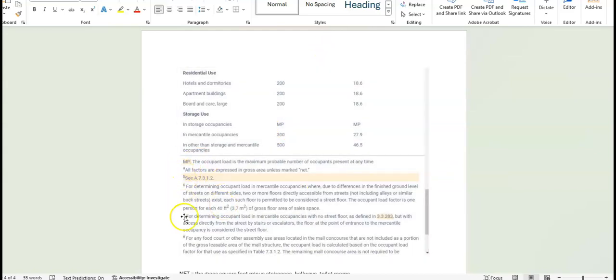Well, we look down here at our footnotes and we could see that MP means the occupancy load is the maximum probable number of occupants present at any time. So for something like this, clients' needs and wants are going to be addressed. You have to understand what they're going to be using it for.